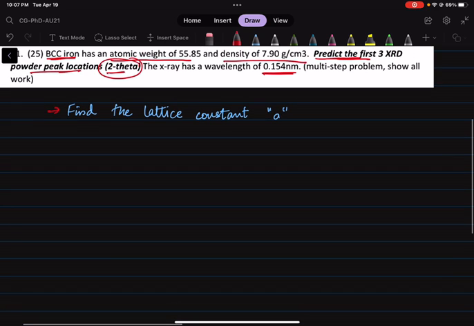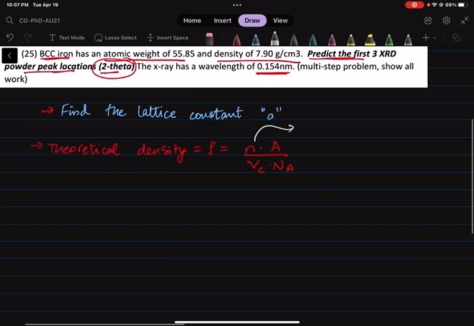Now we know that the formula for theoretical density, which is rho, can be given by n times A over Vc times Na. In this equation, you have n, which is the number of atoms per unit cell.